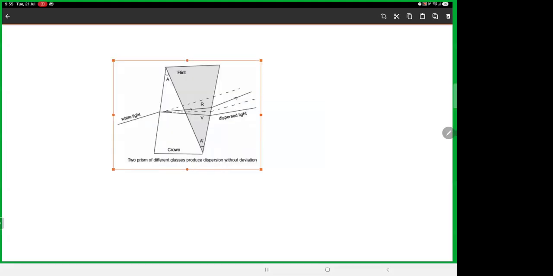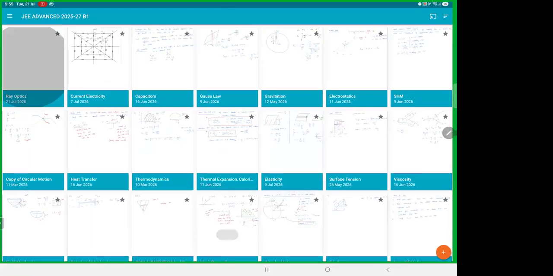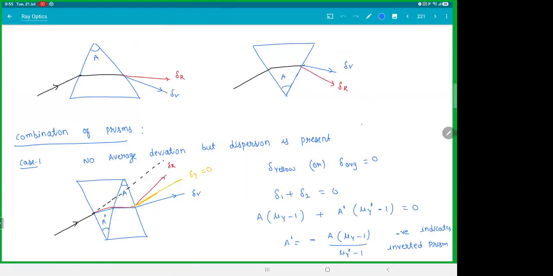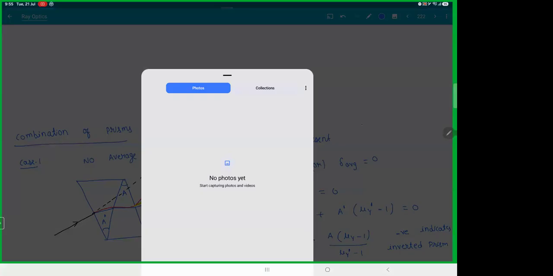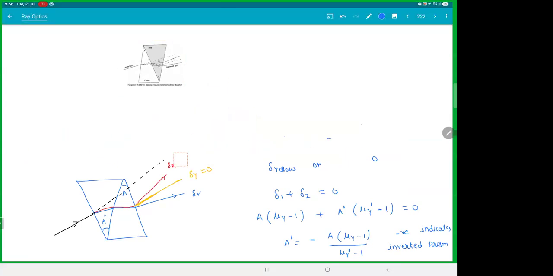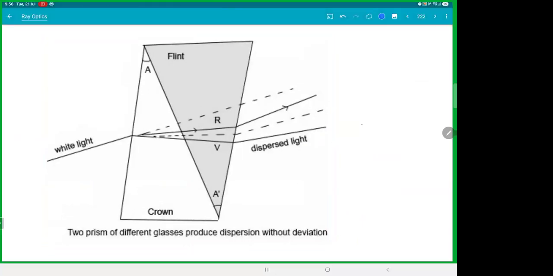This was that average deviation wala picture. There's a dispersion, but there is no deviation.